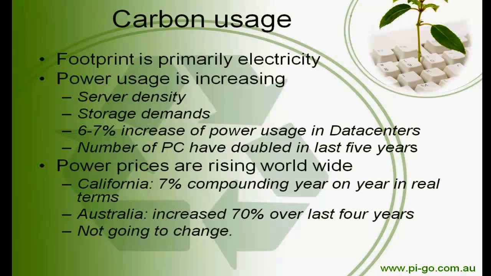In Australia, they just released a study that showed that we've had a 70% increase in the cost of power over the last 4 years, and this isn't going to change. A recent study in Australia said that they're expecting that to happen again in the next 4 to 5 years. When you bring these together on average across the world, you can expect your power bills to double in 5 years in real terms.